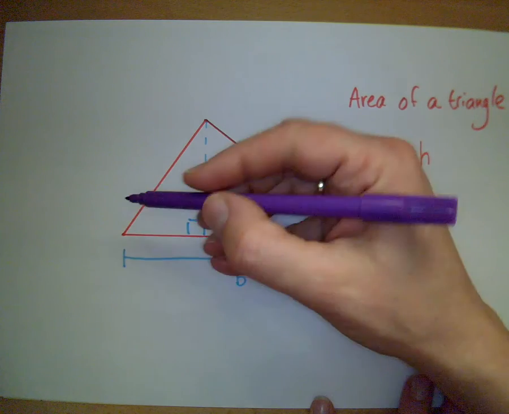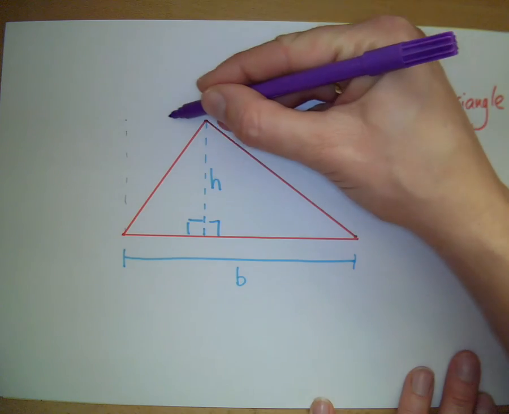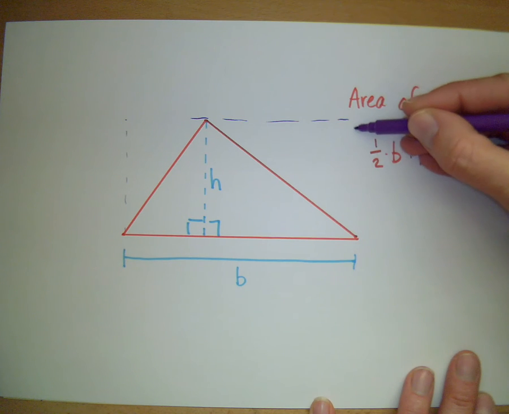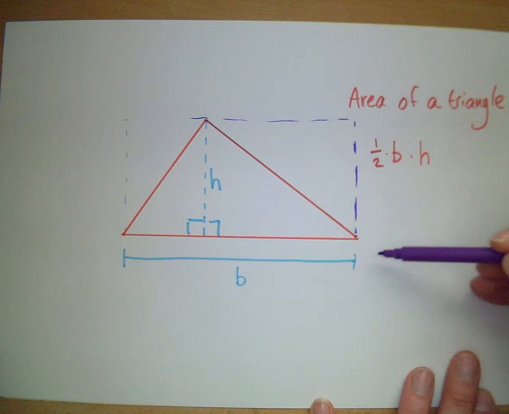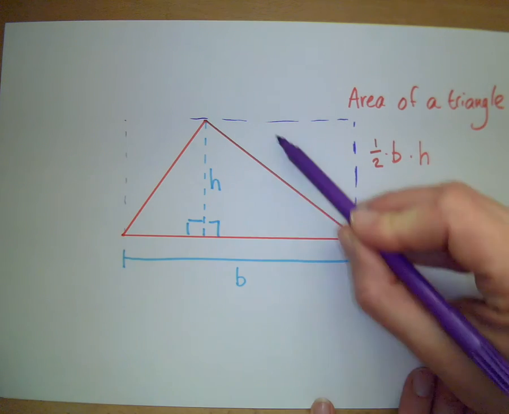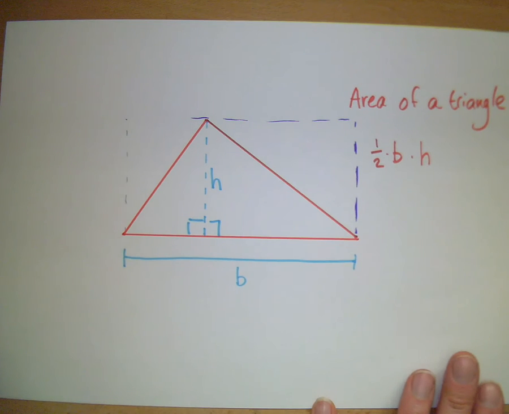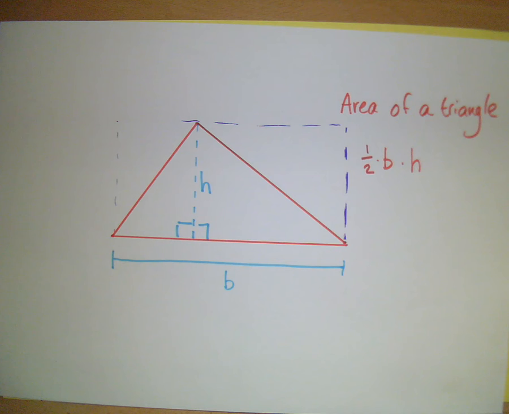You're actually imagining that it's a rectangle. You're calculating the area of this rectangle, base times height, and then you're taking half of that because half of the rectangle is cut off. That is one thing that you already know that we're going to use today.